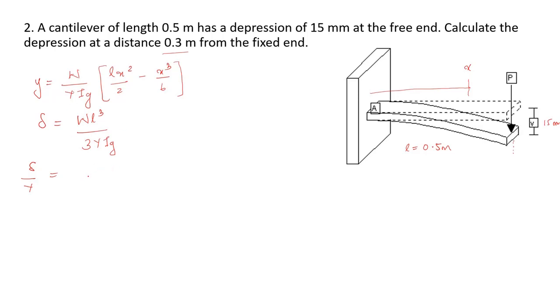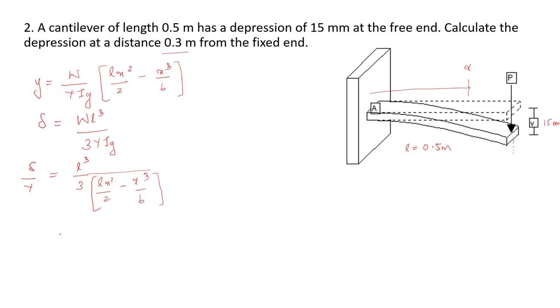The rest of the equation will be L cube divided by 3, which is what is left from delta, and in the denominator we have L x squared by 2 minus x cube by 6.